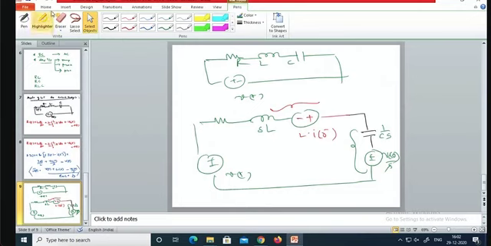You can write the total impedance as Z. This Z is equal to R plus S into L plus 1 by SC. This is the total impedance of the network.